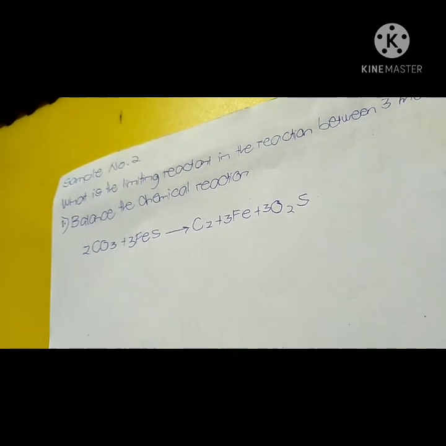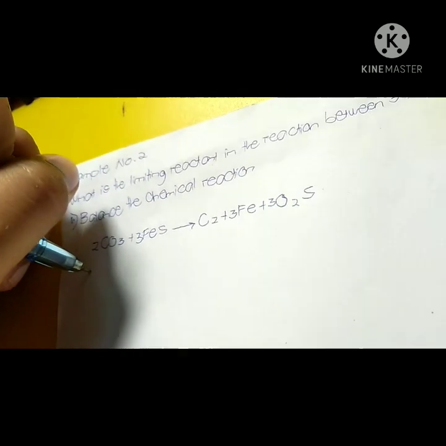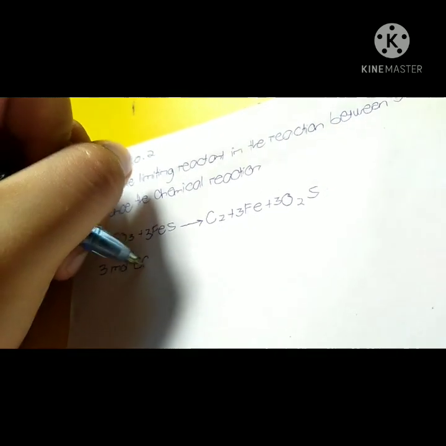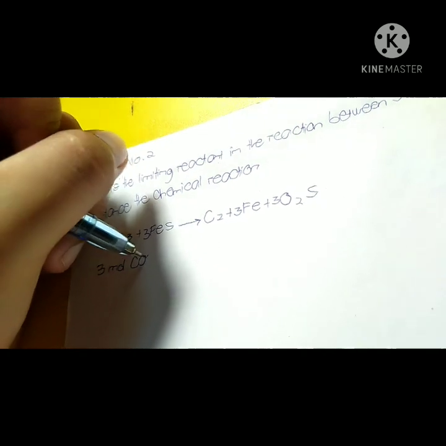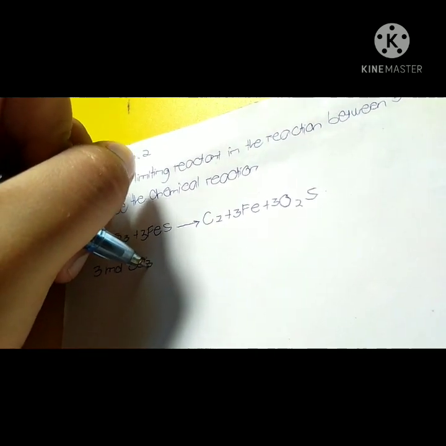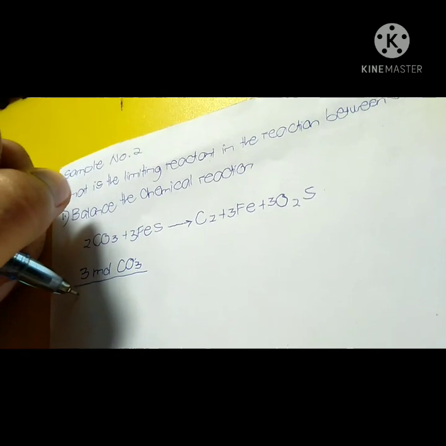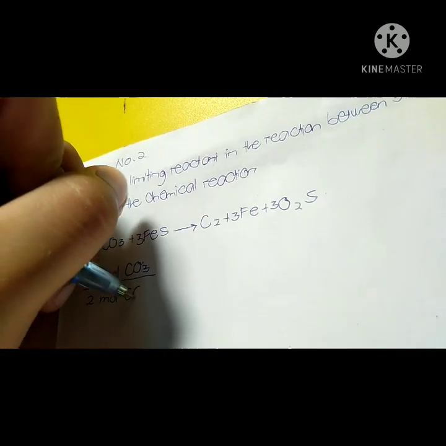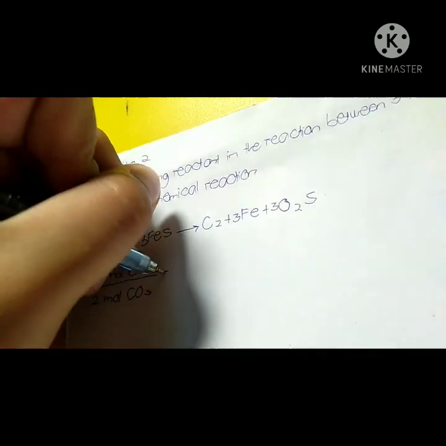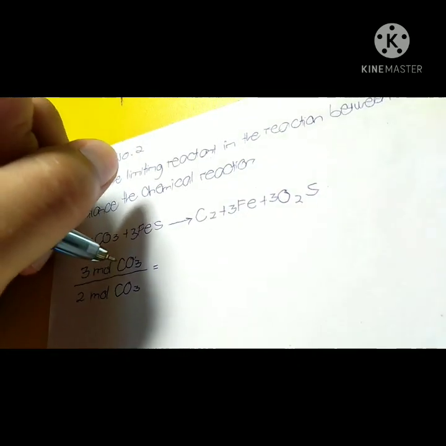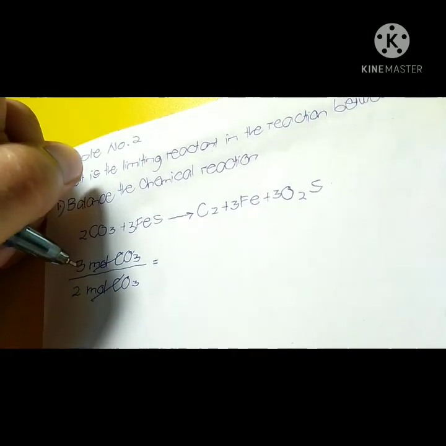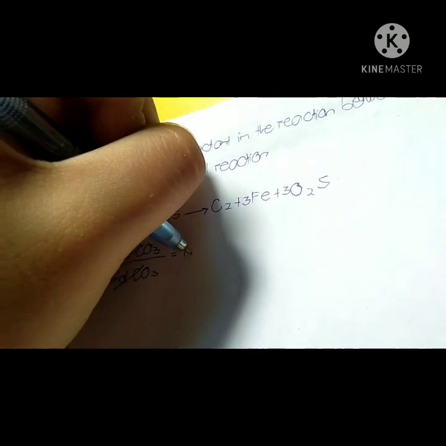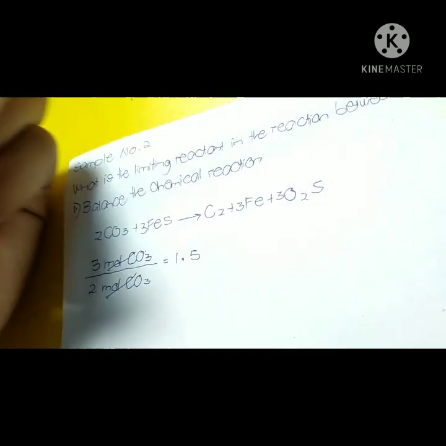So we put 3 moles of CO2 and then 2 moles, the coefficient of CO2 also. So those cancel. 3 divided by 2 equals 1.5.